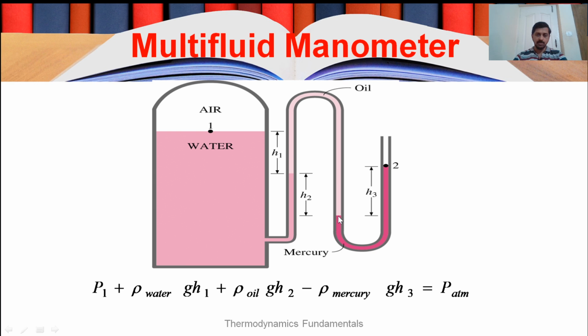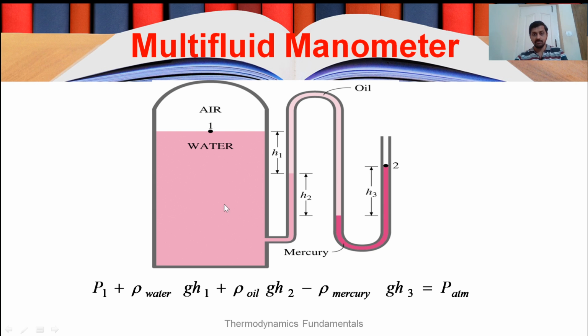Now this dark shade, that is mercury. This point and this point will be having the same pressure. So this entire section of the limb of the manometer could be neglected, because the increase in pressure will be compensated by the decrease in pressure here on the right side. Now for a height of H3, the pressure will be decreasing since we are moving upwards.